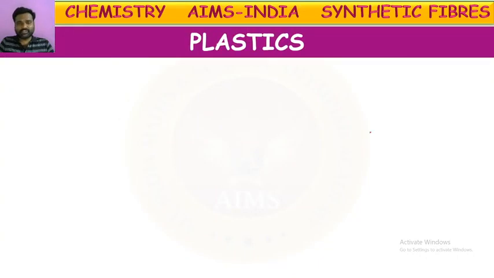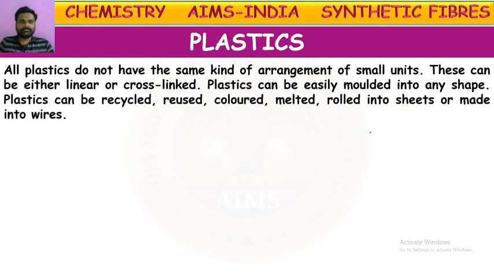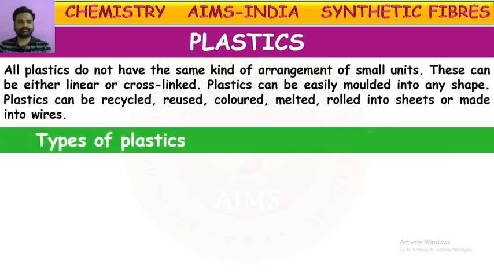Next, about plastics. About plastics also we have seen. These are also polymers, made up of a combination of different monomers in different ways. Based upon the way of arrangement of these monomers in the formation of polymers, plastics are classified into two types, as we have studied.